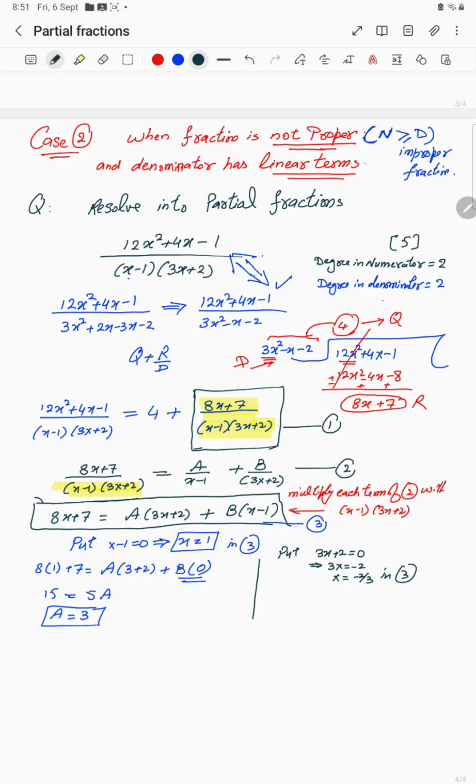You will see 3x is minus 2, so minus 2 plus 2, A will be eliminated and only B will be left. So 8 times minus 2 by 3 plus 7 on the left-hand side equals A with 0, no need to rewrite, plus B times minus 2 by 3 minus 1. Simplified, it becomes minus 16 by 3 plus 7 equals B times, with LCM 3, minus 2 minus 3.